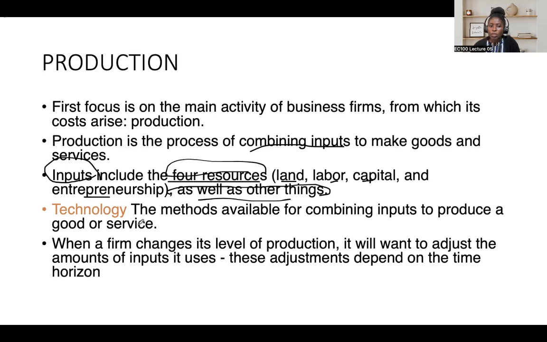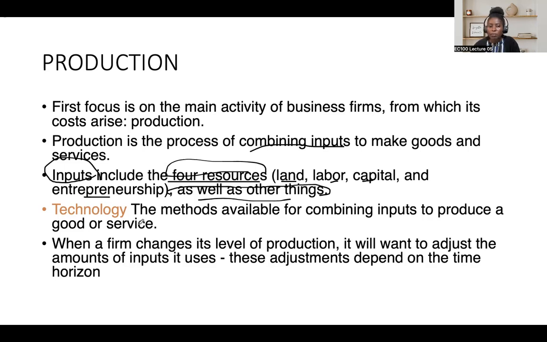Technology is not just limited to digital issues, like machines, robots, and probably the internet, but not necessarily. When it comes to economics, it's just the method that you use to combine inputs. So the cheaper the method to get the same level of output, the better. If you get a cheaper technology, it's better.